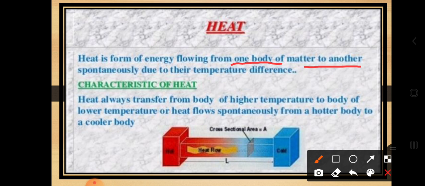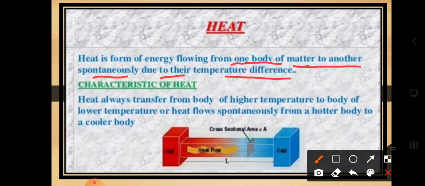Heat is a form of energy flowing from one body of matter to another spontaneously due to their temperature difference. It is not taking time; it flows spontaneously.